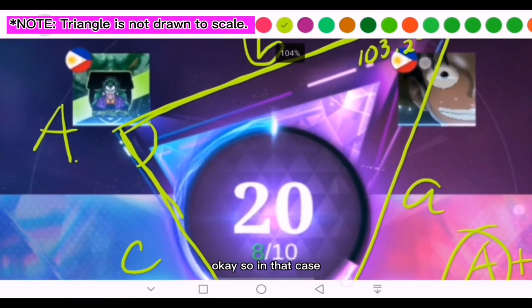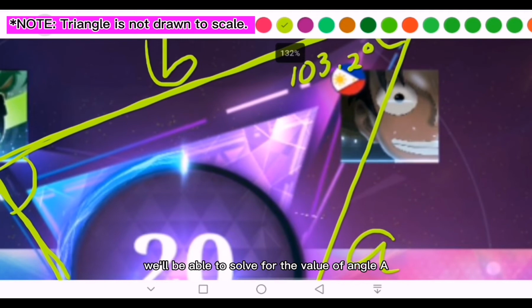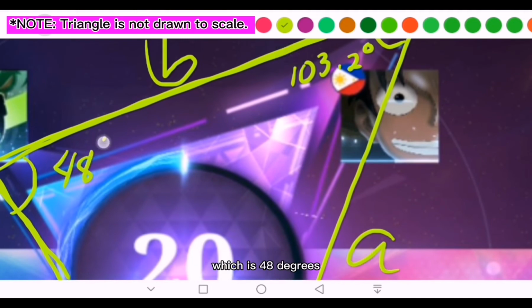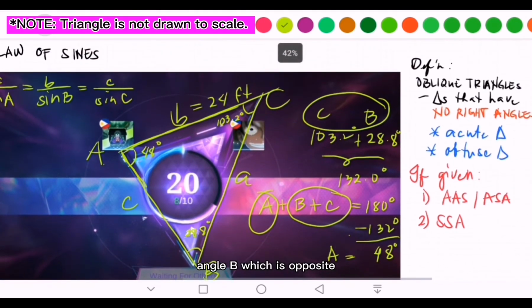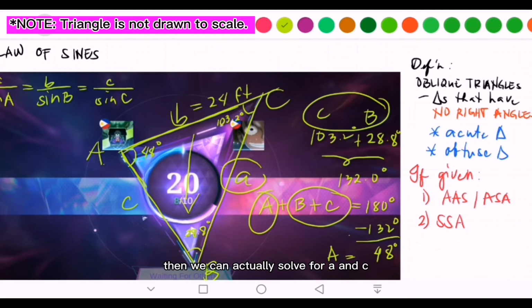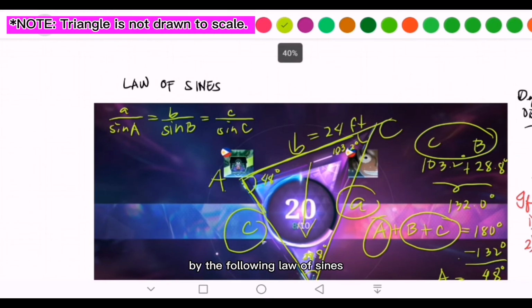Now, since we are given angle B, which is opposite side b, given as 24 feet, we can solve for a and c by the law of sines.